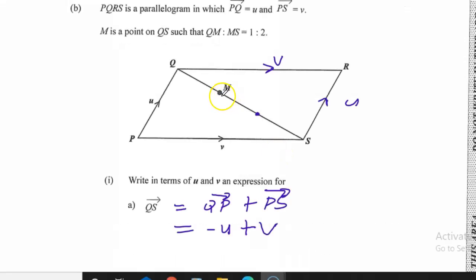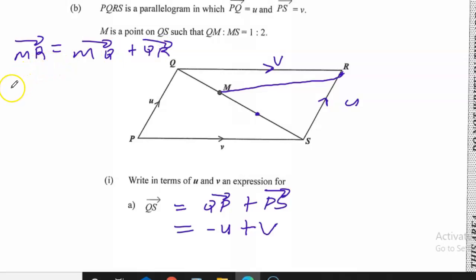Next, we're asked to show that MR is 1/3 (U plus 2V). Let's find MR. Now to get MR, we can go M to Q, and then Q to R. So MR is equal to MQ plus QR.